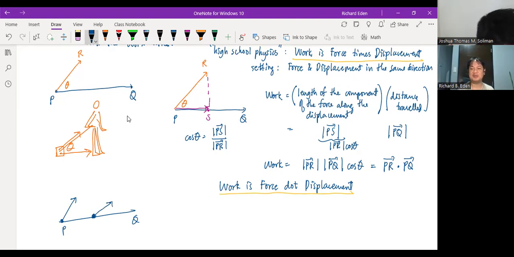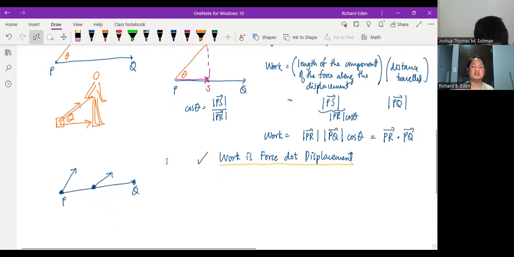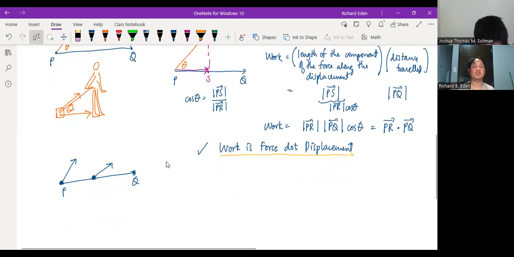So the vector can vary. When the object is at a specific spot, the force is different, so this thing is not going to be applicable anymore. In that case, deeper calculus would be needed, specifically integrals. Integration would be used.